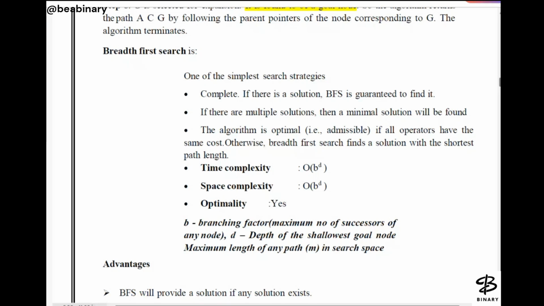As we are using a search technique and following a graph, we are following some branches and the depth of that particular node. So the time complexity and the space complexity are defined on the basis of the branching factor, which is the maximum number of successors of any node it can have, and the depth of the shallowest goal node. So this is your breadth first search.